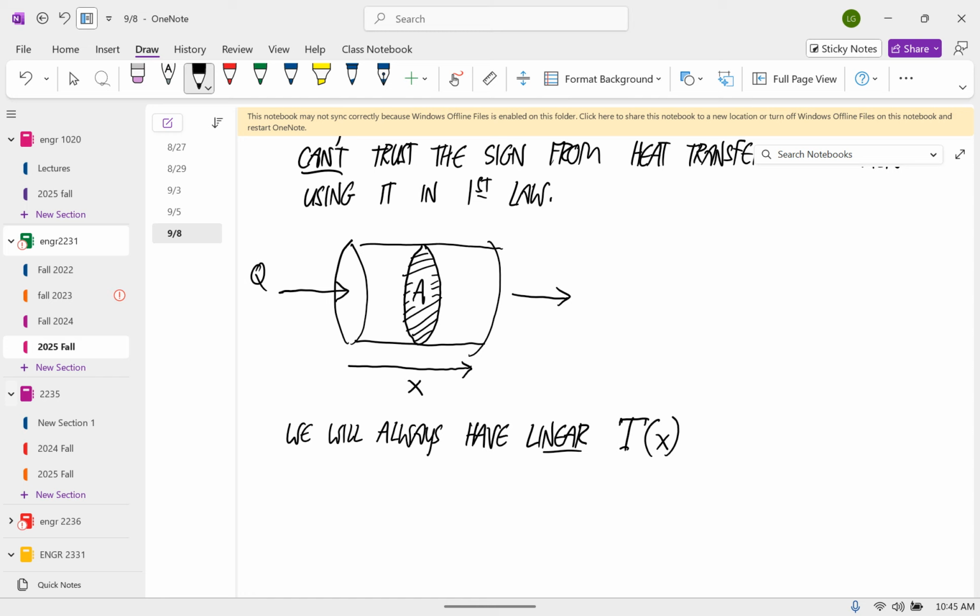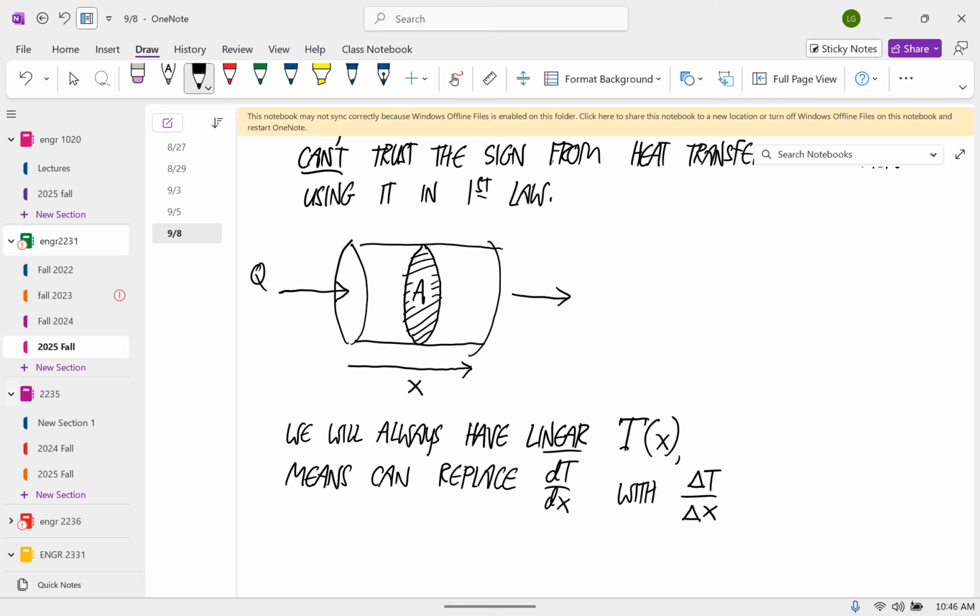Which means that we can always just replace the dT/dx in that heat transfer equation with a difference equation, where we take the difference in temperatures and divide it by the total length between the two endpoints.